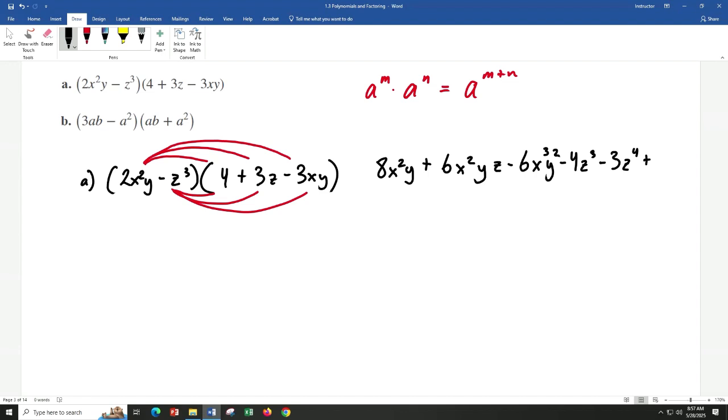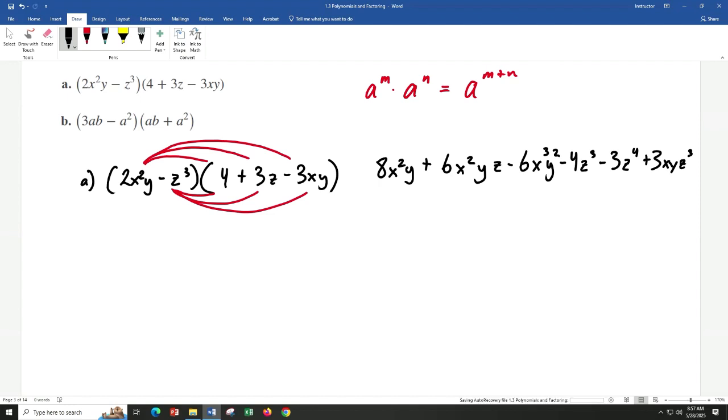Okay? So here, yes, I've got negative and negative. That makes a positive. That's a coefficient of 1 times a coefficient of 3, which just gives me 3. I don't have any x or y's, and so this looks like it's just going to be xyz cubed. Do you have anything that matches, though?